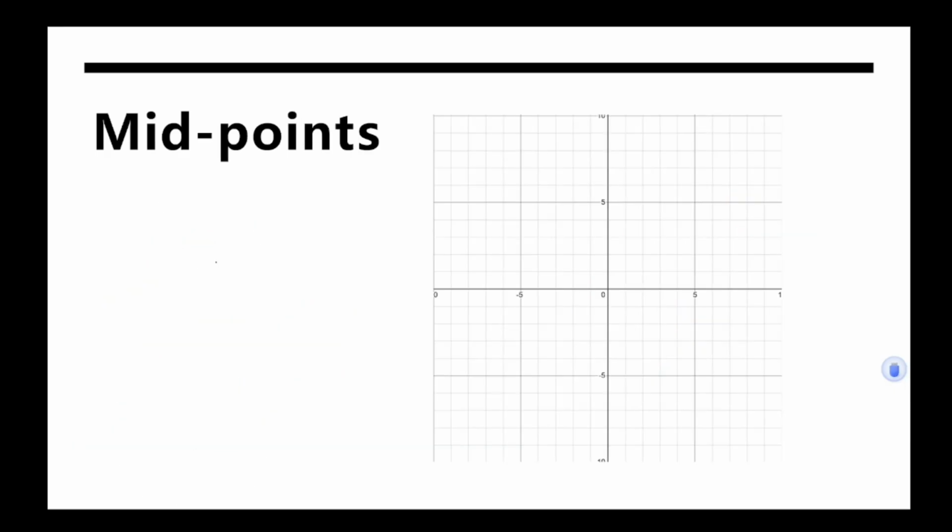Midpoints. Similar to length, midpoint between 2 points. For example, here, this is 1, 6, and here, this is -6, -2. Midpoint is the point where the distance here equals the distance here. This is equal. And how to do this? It's pretty easy.